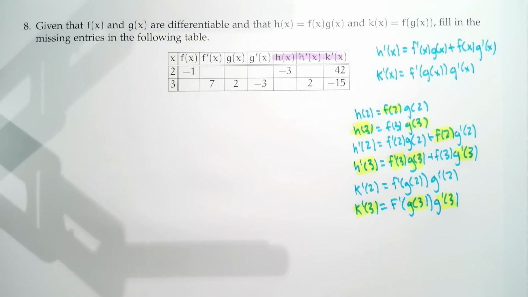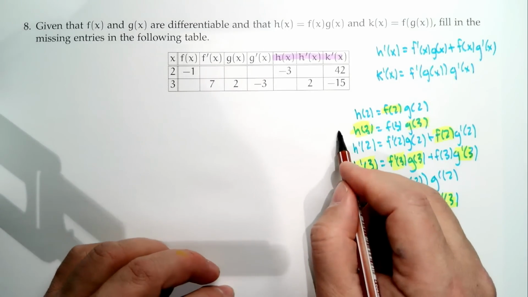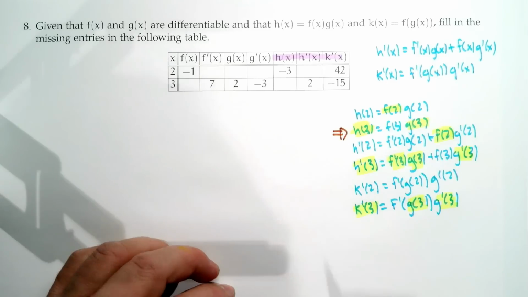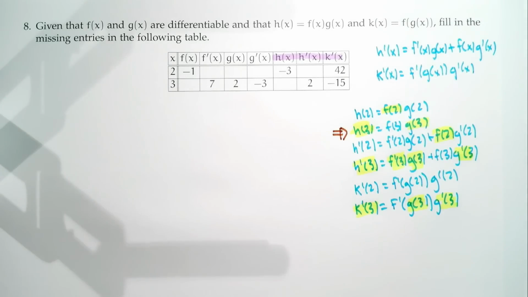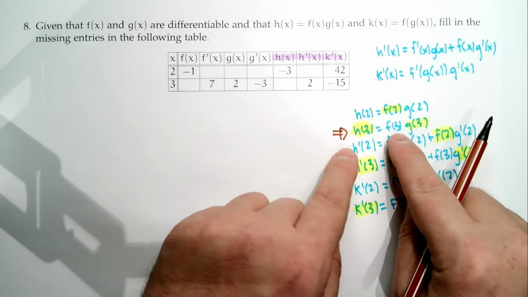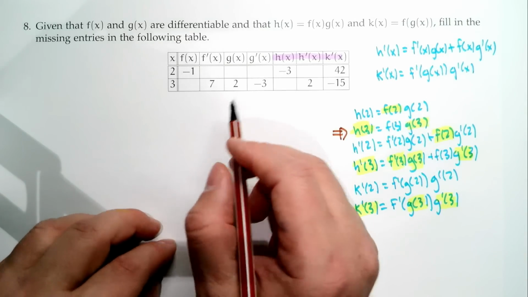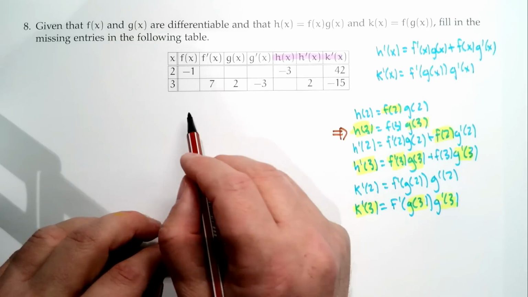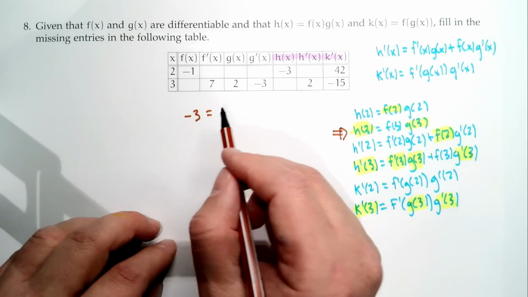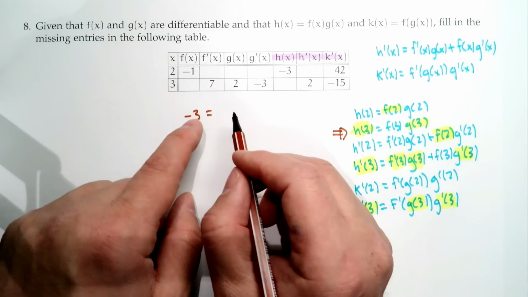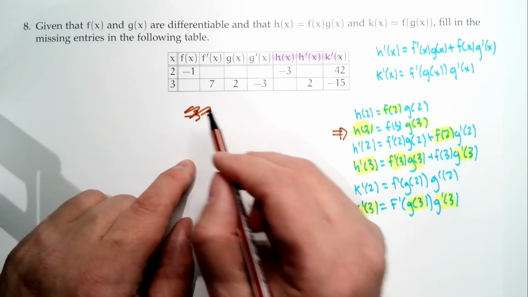So let's look at this and let's point to things. Notice that we know h of 3 and we know g of 3. And so that says, okay, what can this tell us? Well, this equation tells us that h of 3, which is negative 3, is equal to f of... why did I mark this one?